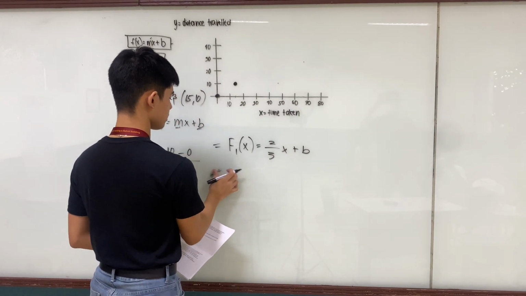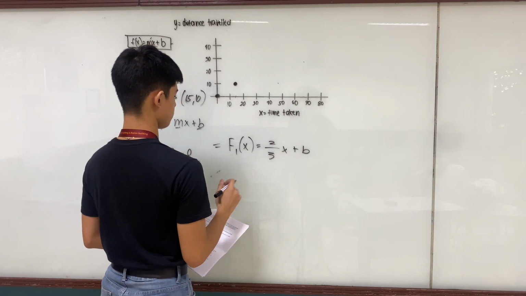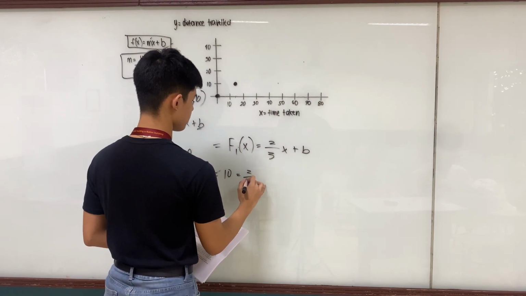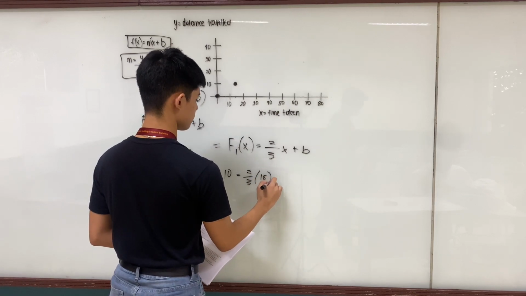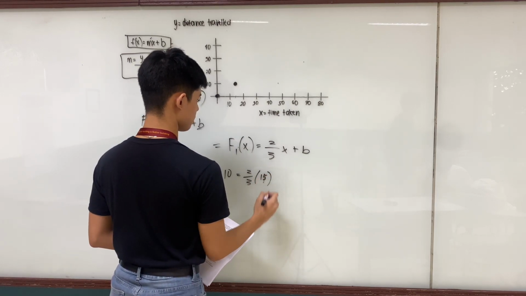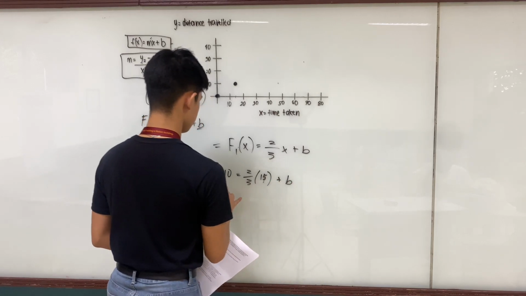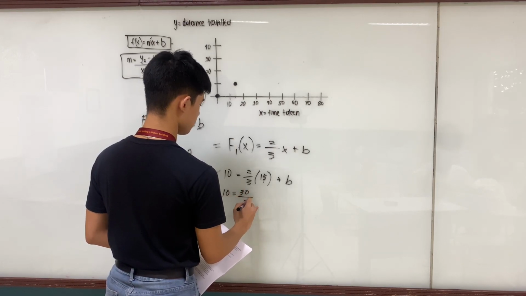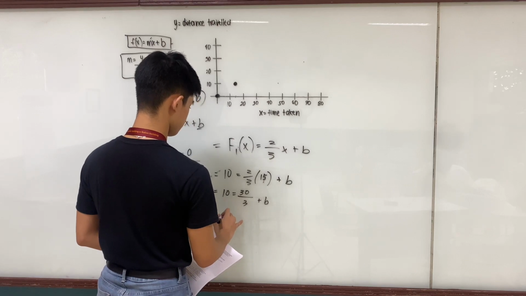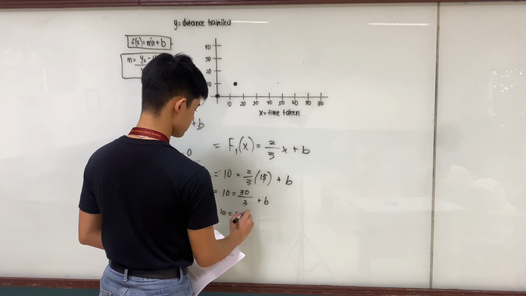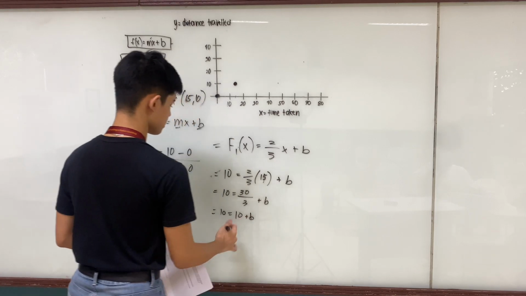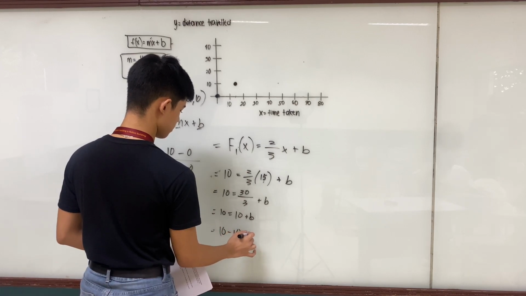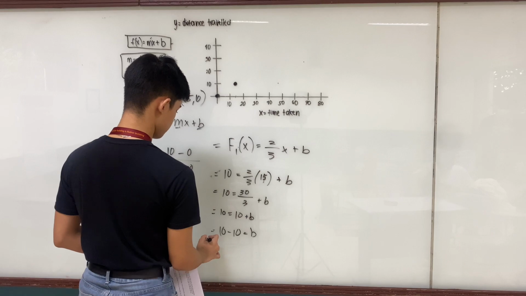So if we substitute, this is y, so let's use 10. 10 is equal to 2/3 times 15 plus b. This gives us 10 is equal to 30 over 3 plus b, which is 10 plus b. If we transpose, this gives us 10 minus 10 is equal to b, so b is equal to 0.